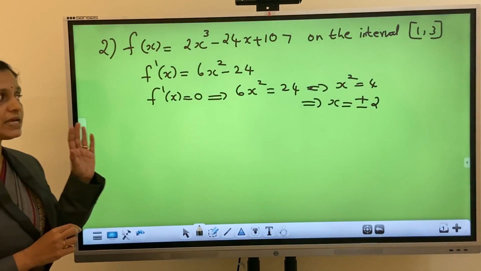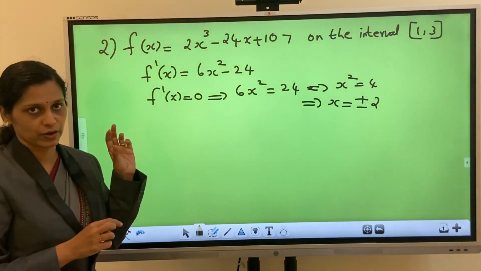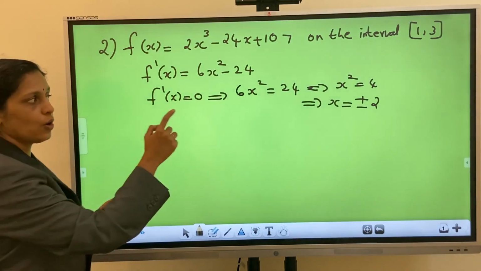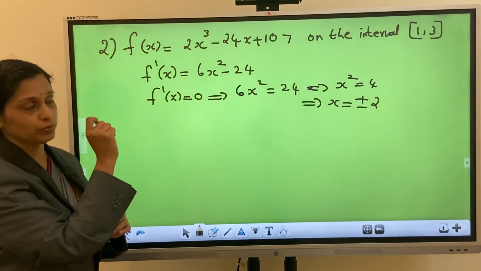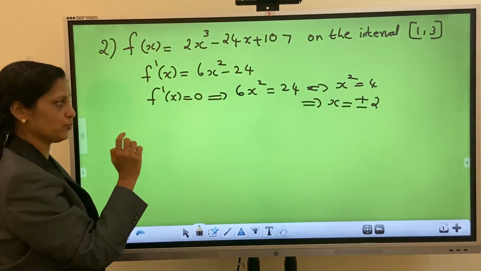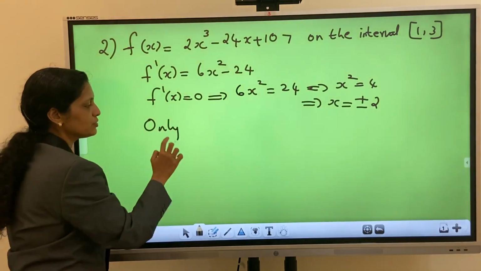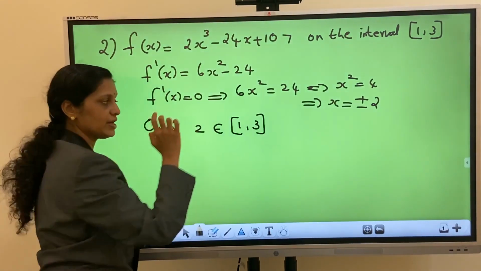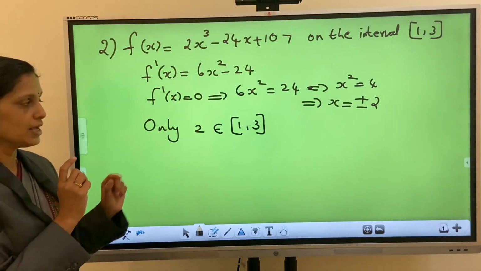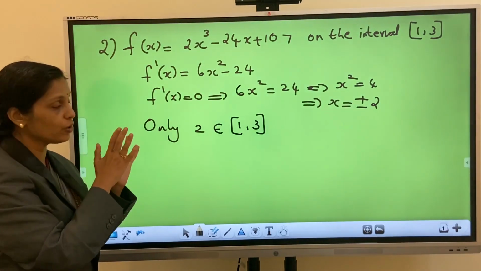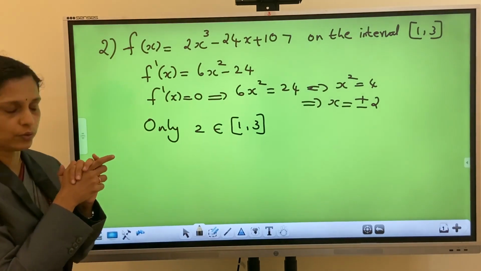But remember, we can take only those critical values which belong to our given interval. Only 2 belongs to closed 1, 3. Therefore, we are taking only that critical point. That's an important thing. We have to take the critical point belonging to the given interval only.